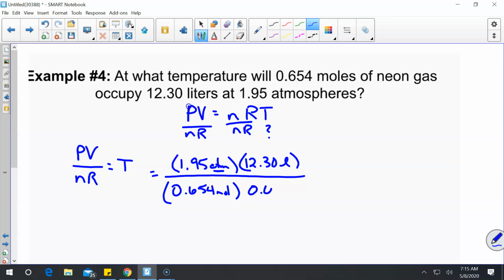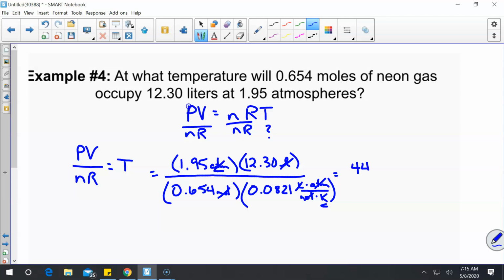It is 0.0821 liters times atmospheres over moles times Kelvin. A lot of units on that. So moles is going to cancel, atmospheres is canceling, liters canceling. I'm left with Kelvin for my units.